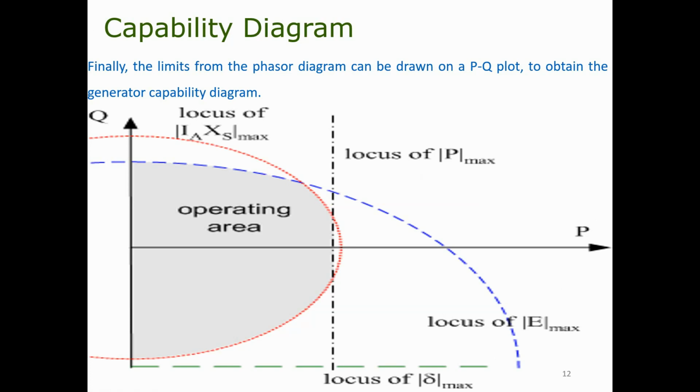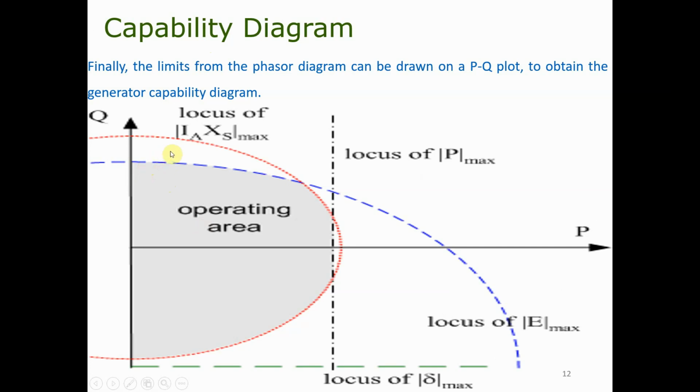So the capability diagram means our generator should operate where the intersection of all these limits comes, which is shown here by the gray part, which is called the operating area. So at any point of time, none of the limits should be crossed.